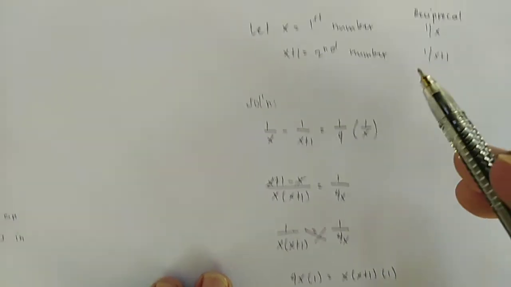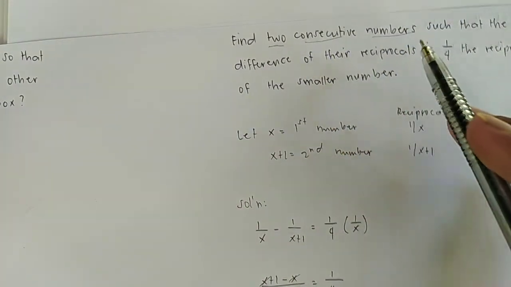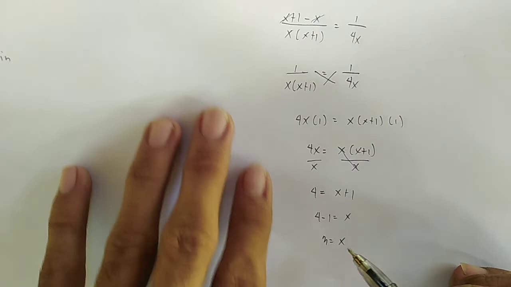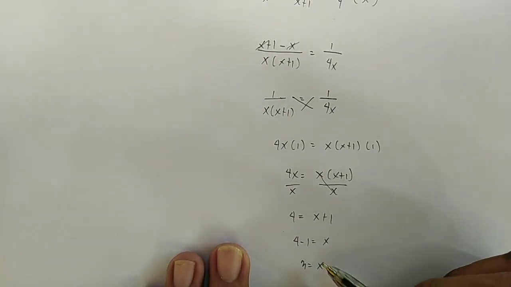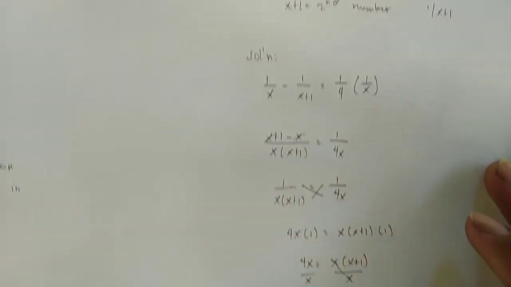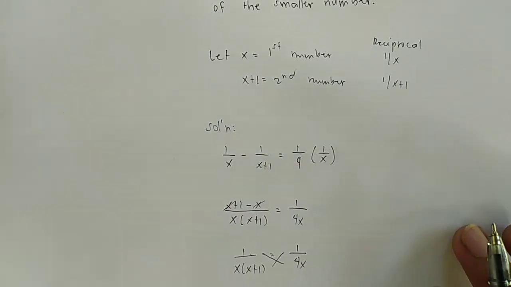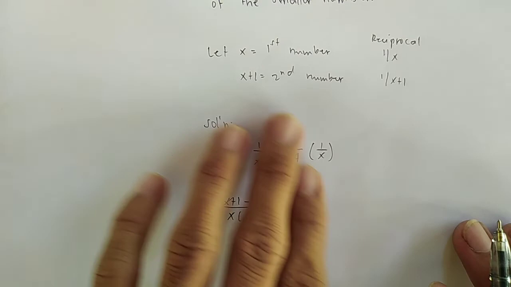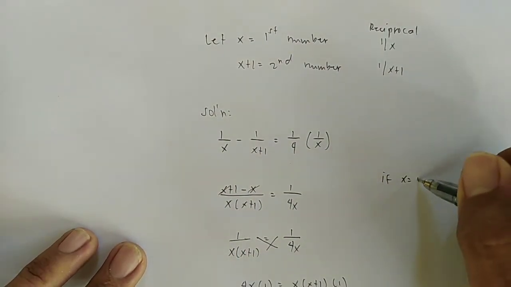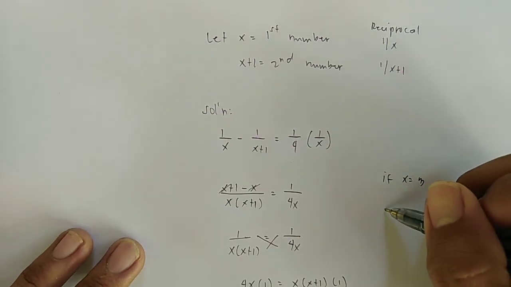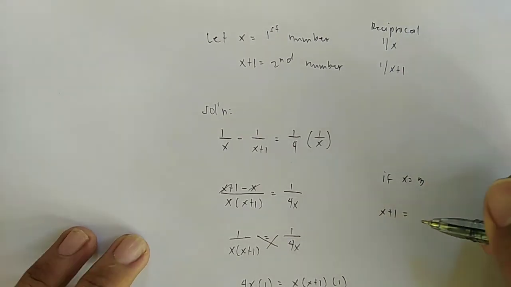So since the problem is looking for two consecutive numbers, the succeeding number or the next number will be obtained by simply adding 1 to the first number represented by x. So in our first step, we let x plus 1 represent the second number. So if x is equal to 3, we have x plus 1 that represents the second number.